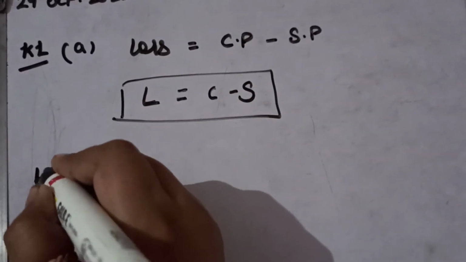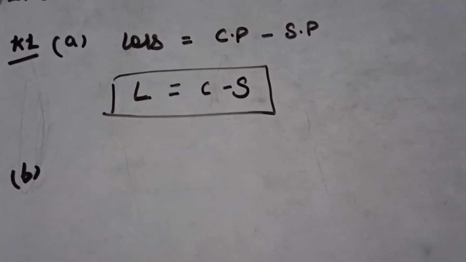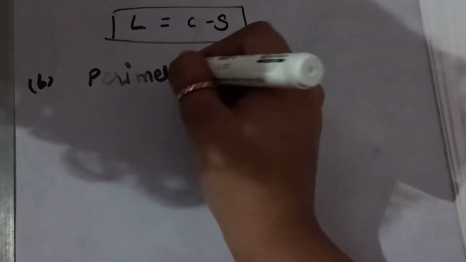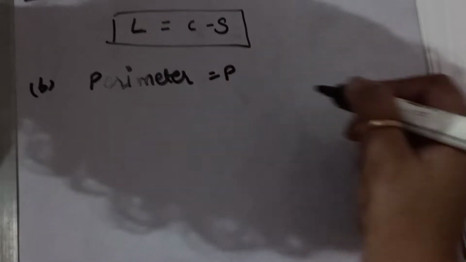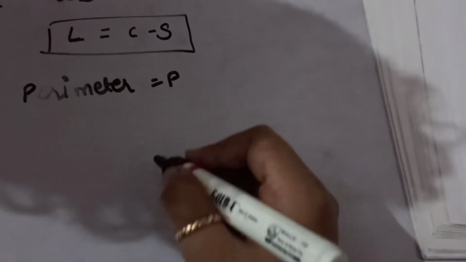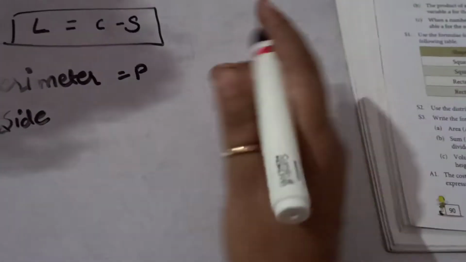Now, B part. Perimeter of a regular pentagon is P. In this, perimeter is given, that is P. And perimeter is what? Perimeter equals the sum of all sides, and here it is given that the side of a regular pentagon equals S. It means all sides are equal.